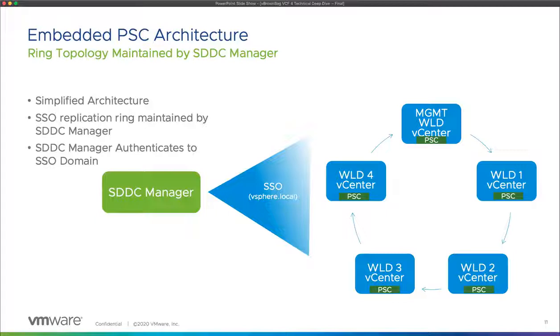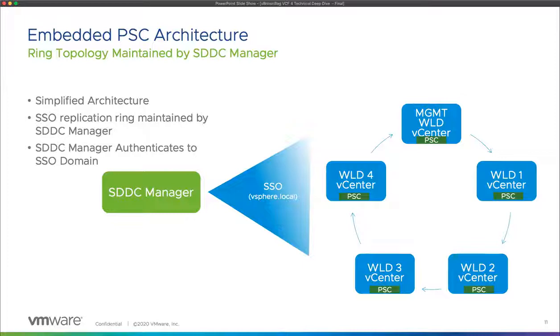With the change to embedded PSCs, when a workload domain has been created, we're maintaining the ring topology. As workload domain 1 gets added, the PSC is added to the ring topology all the way out to workload domain 4 here.